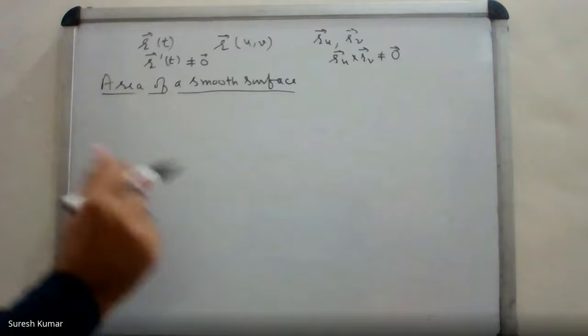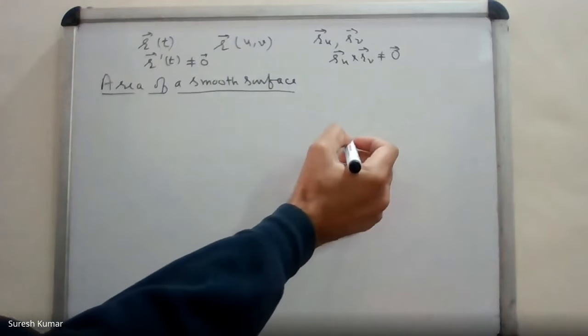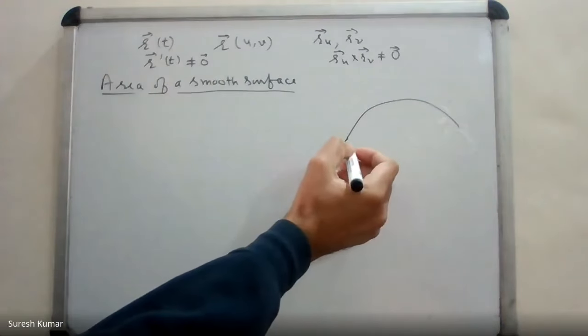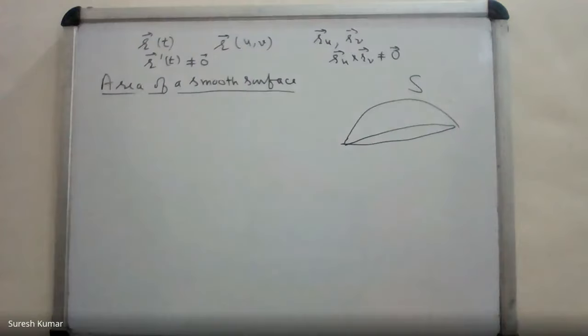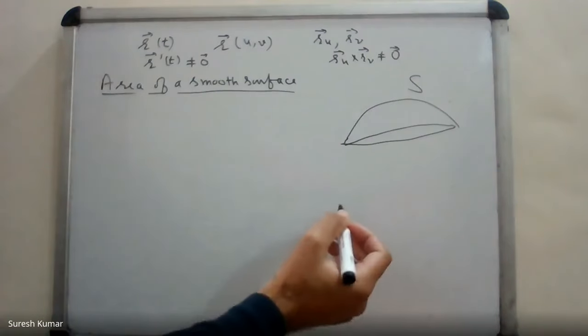Now, area of a smooth surface means you are given a smooth surface, say S. You are interested in finding the formula for the area of the smooth surface. So let's see how we get the area formula.